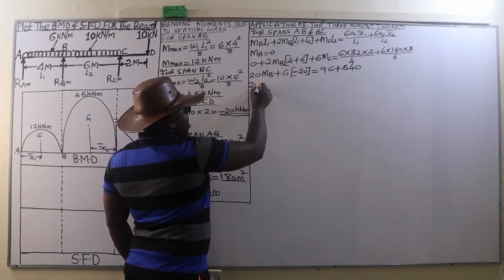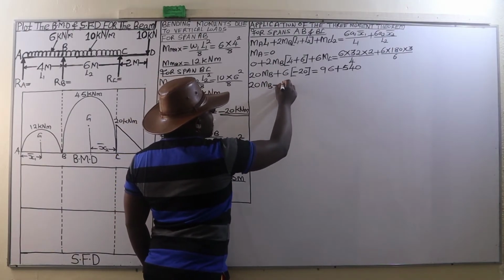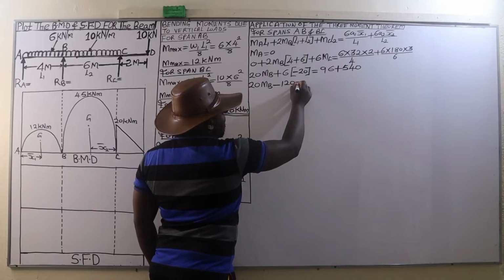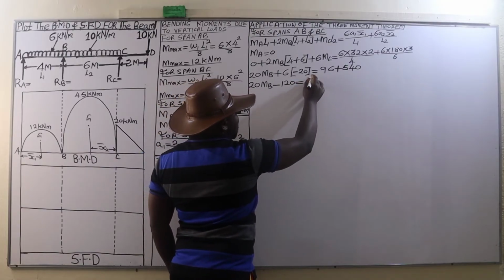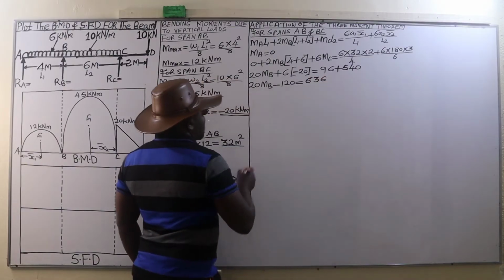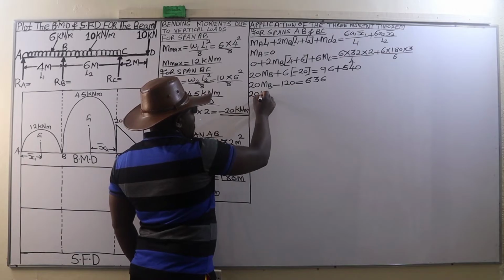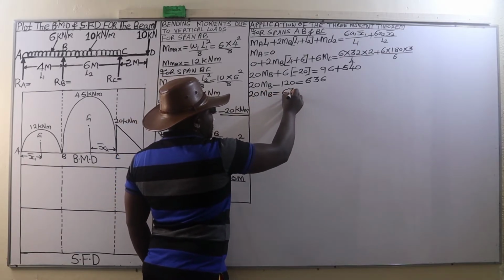Then from there we are going to have 20 MB minus 6 times 20, that is 120, being equal to 96 plus 540, that is going to be 636. Then 20 MB will be equal to 636.